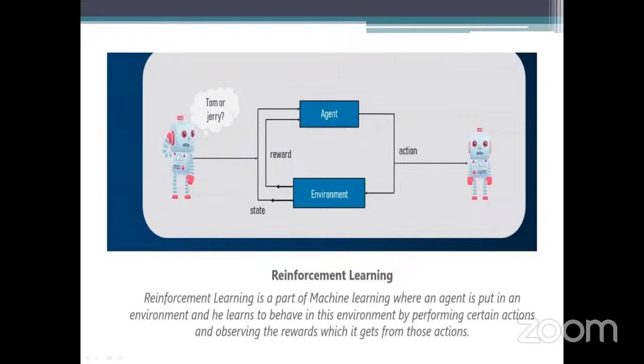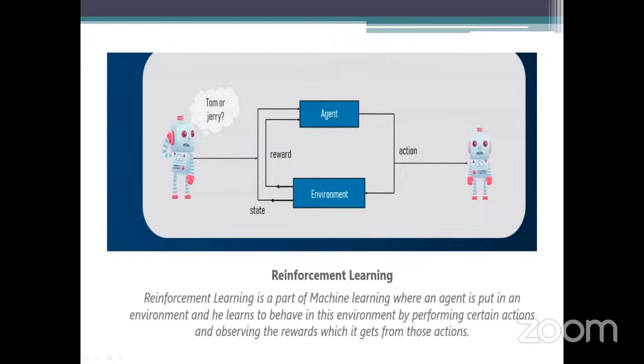So it basically involves an agent which is stuck on the island, that is, put into an unknown environment. You don't know anything in that environment. You must learn by observing and performing actions that result in rewards.